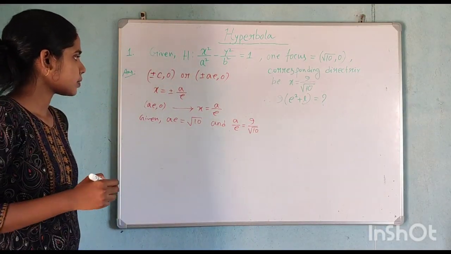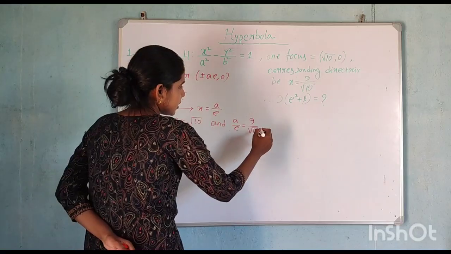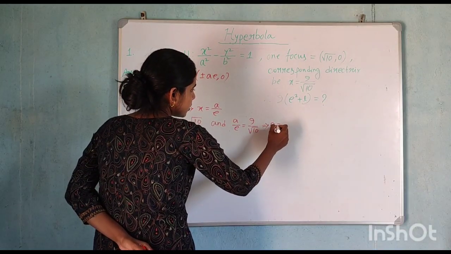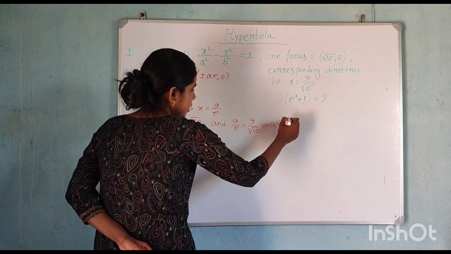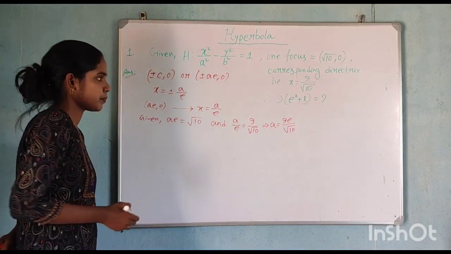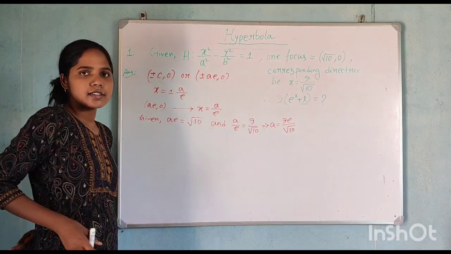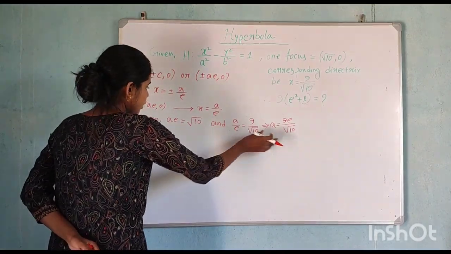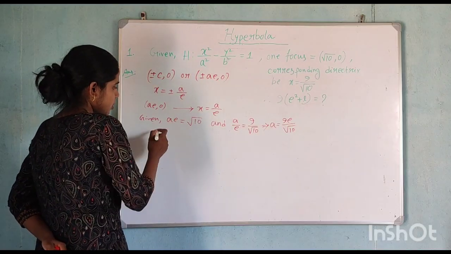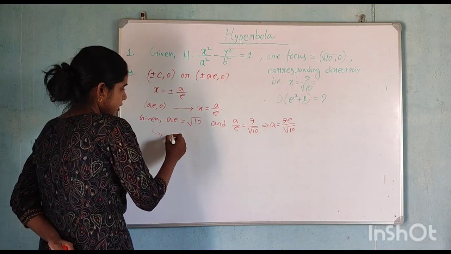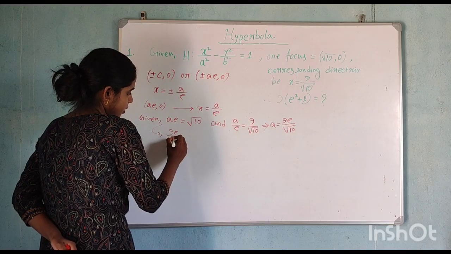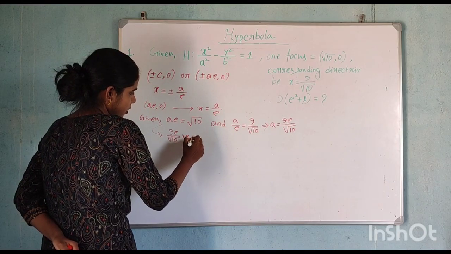Okay. Now we can write that a equal to 9e by root 10. I have taken e to the right hand side. Now put the value of a in this equation. So we get 9e by root 10 into e equal to root 10.